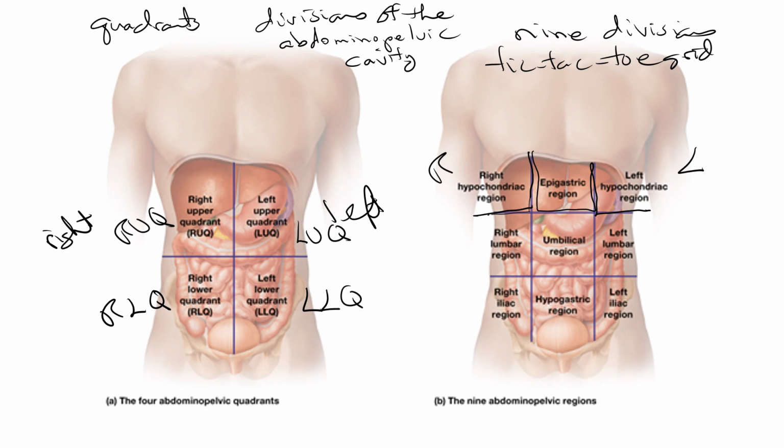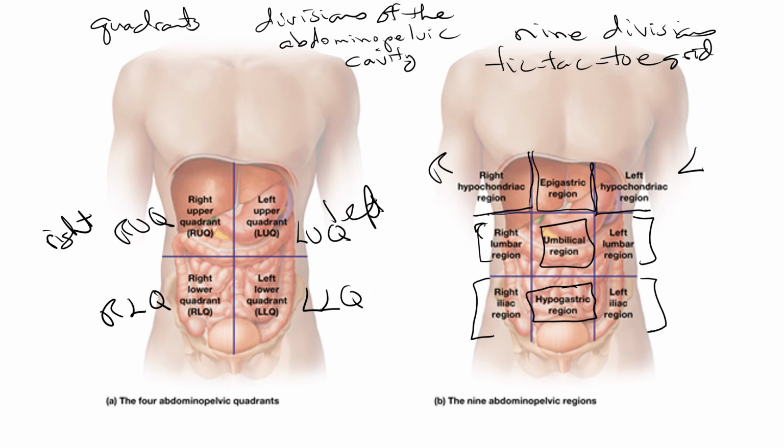In the middle section, we have the right and left lumbar regions. In the middle, you have your belly button, so that's the umbilical region. Below that, we have the right and left iliac regions. And in the middle, we have the hypogastric, hypo meaning below the gastric region.